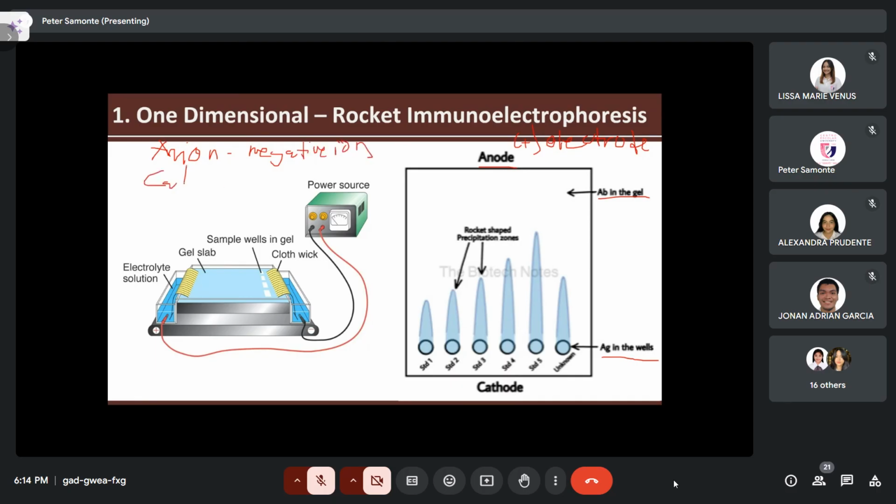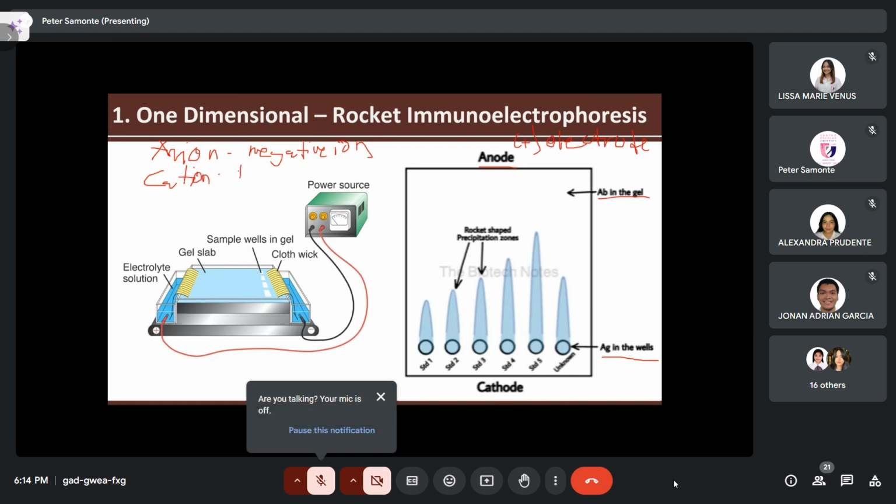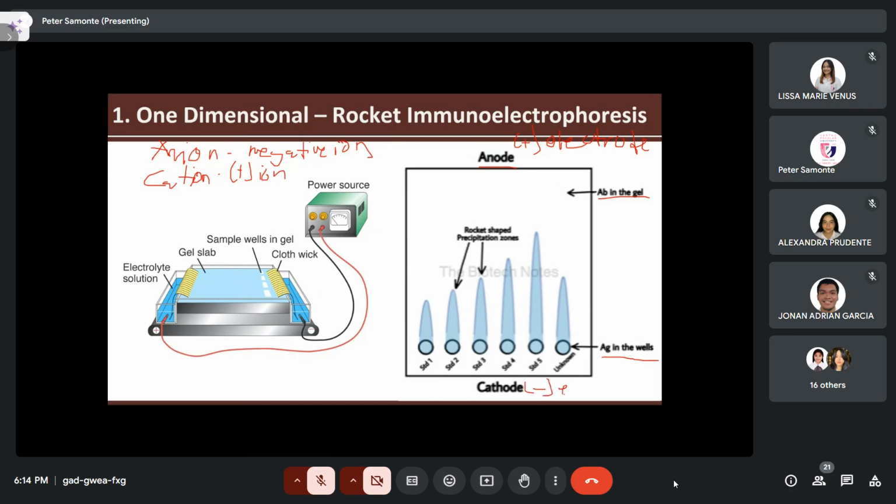Kapag cation, positive ion. Kapag naman sa electrode, anode and cathode lang yan. Kapag cathode, negative electrode. Kapag anode, positive electrode. So if you have a negatively charged or an anion, anions will move to the anode or the positive electrode.